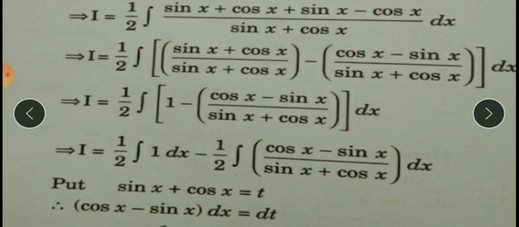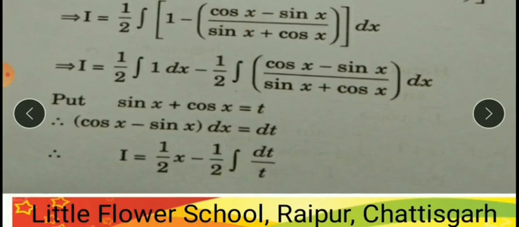Separating the terms, I is equal to 1 upon 2 integration 1 minus 1 upon 2 integration cos x minus sin x upon cos x plus sin x. We have to change this part into integrable form. For this purpose, use the substitution method, as the denominator sin x plus cos x is equal to t.